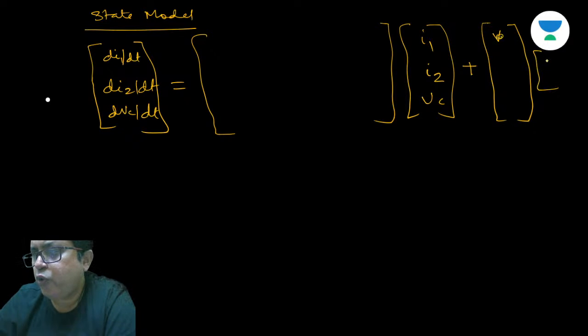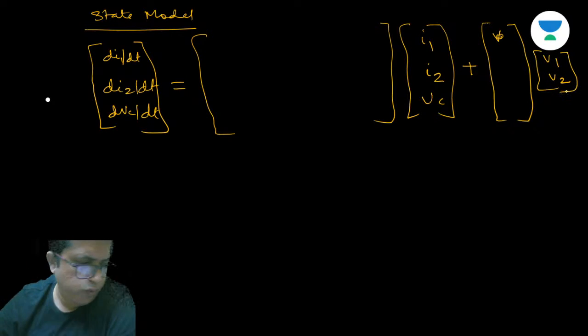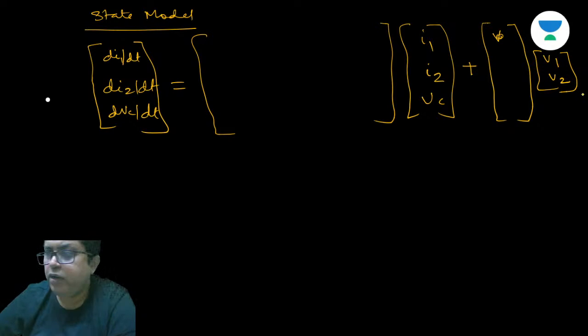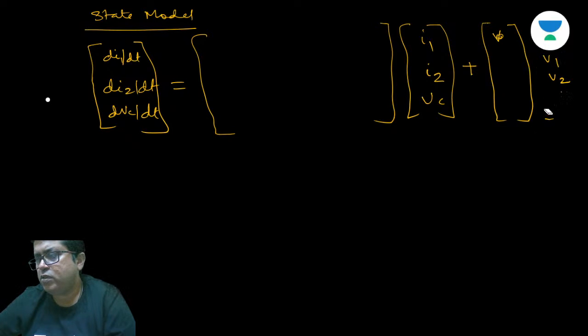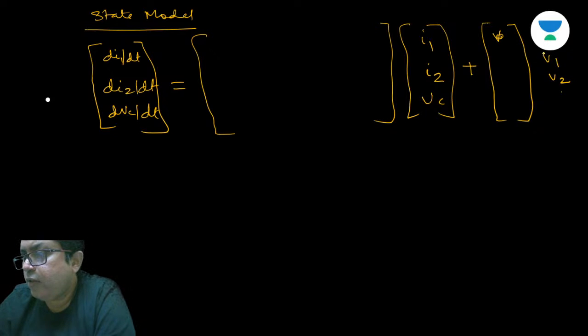What are the two inputs? V1, V2. What about the third equation? Naturally it will be 0. Let us check this. V1, V2, 0.